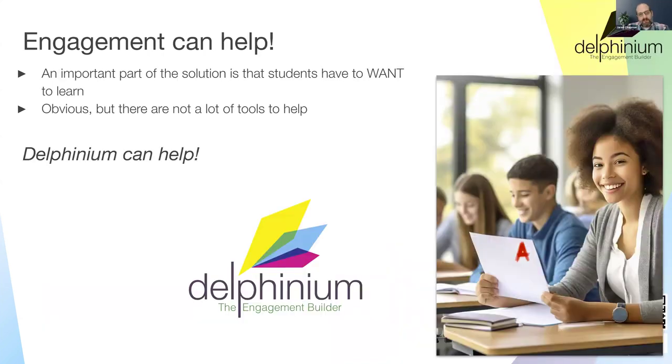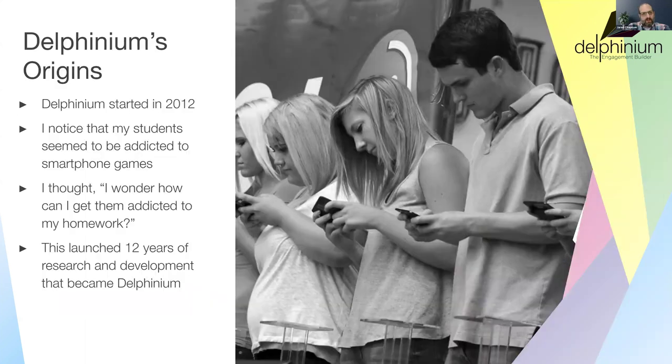There are lots of ways to think about addressing this, but I think a key way is that we have to figure out how to help the students want to learn, how to want to engage in the class. And that seems so obvious to say out loud. If the students aren't putting in the effort to get in and work on the class, they're not going to learn. But we don't have a lot of tools to help students want to learn. And so that's the problem that Delphinium was designed to solve.